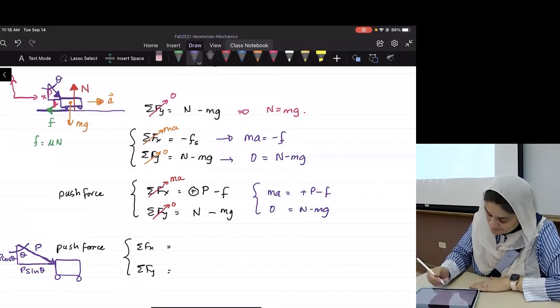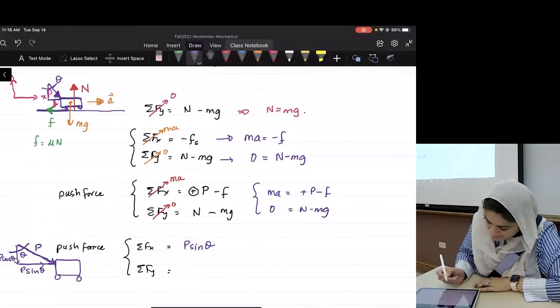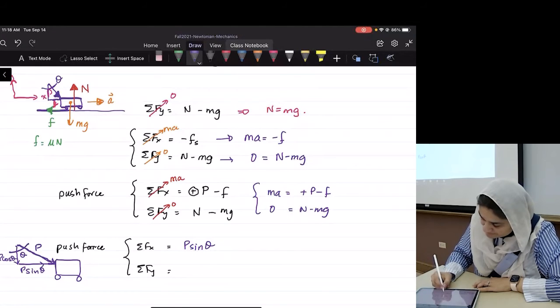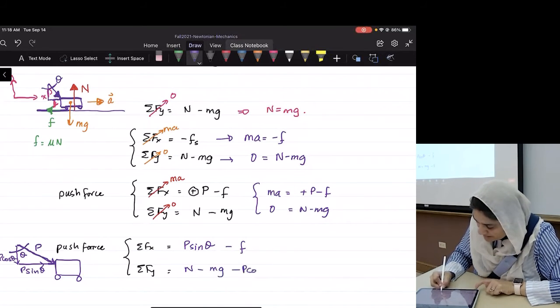So then what will be my sigma Fx? P sine theta, and the directions will be this way and that way, minus friction, which still exists. And then for my y direction, it will be N, which is always going to be there, minus mg, and then downwards P cosine theta.